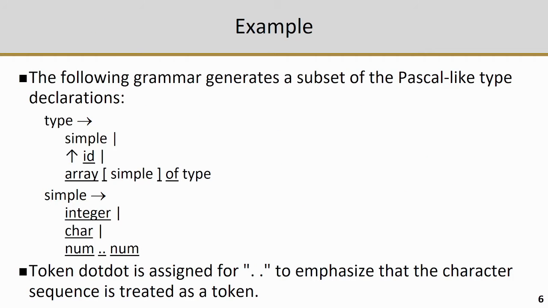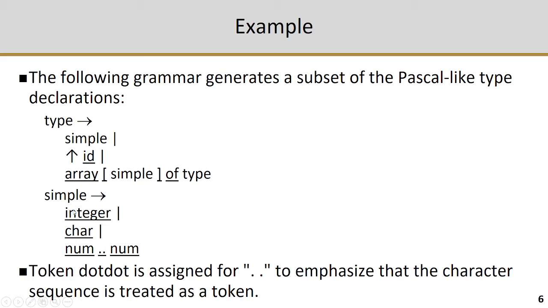As an example, we are looking for a series of derivations leading to a type declaration, similar to the type declaration in Pascal-like languages. So we have a type which can be either a simple type or a pointer to an ID or an array.